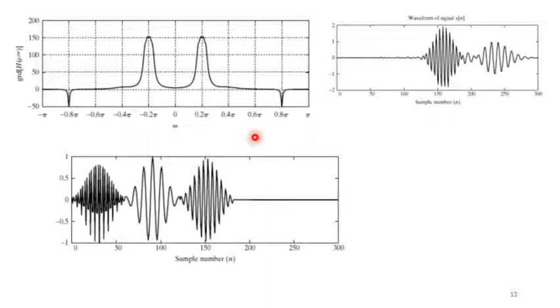But anyway, if you compare with the original, hopefully you can spot that this was in the time domain, and after passing through the system, because the signal having frequency of plus minus 0.2 pi will suffer more delay, and the signal around 0.4 pi will suffer very small delay, that's why they are, I think, inverted.